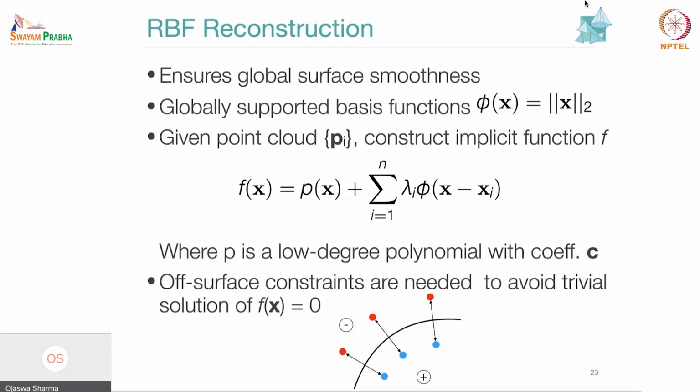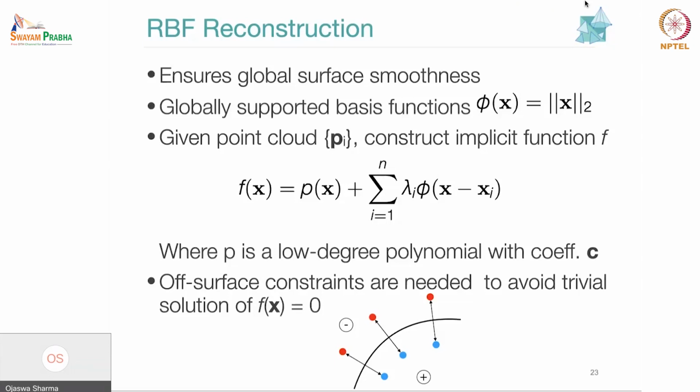This is the form of an RBF implicit function, and this is what we want to recover. We are given a set of points p_i, and this is my objective, in the sense of the final function that I want to represent my surface.